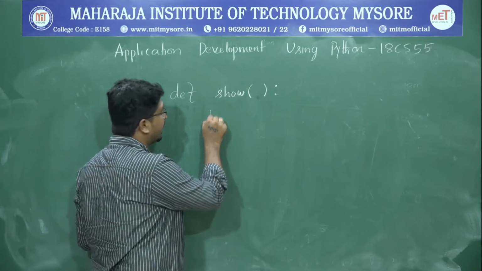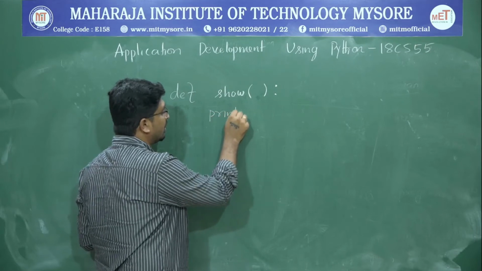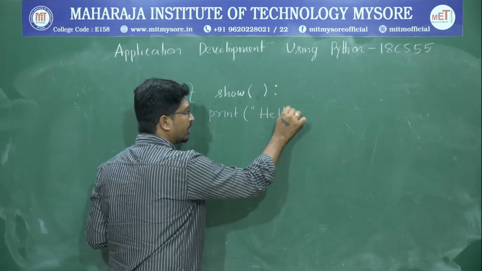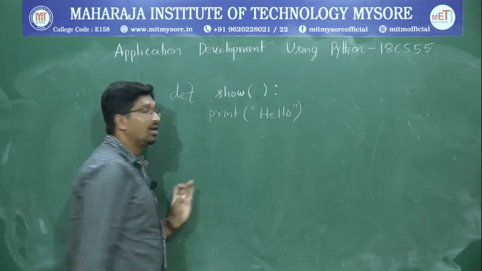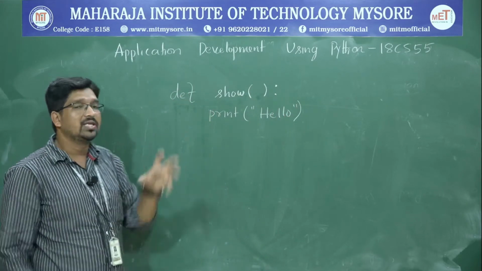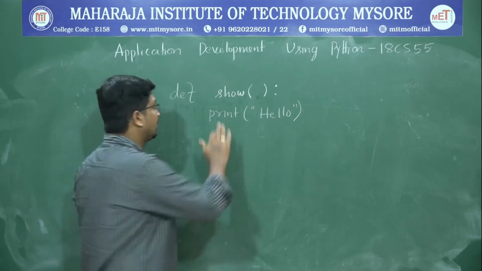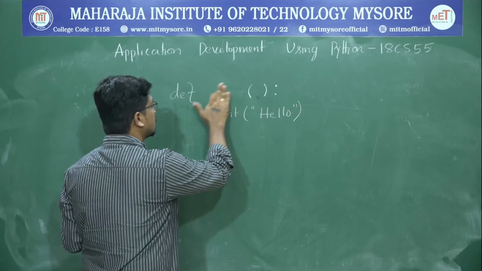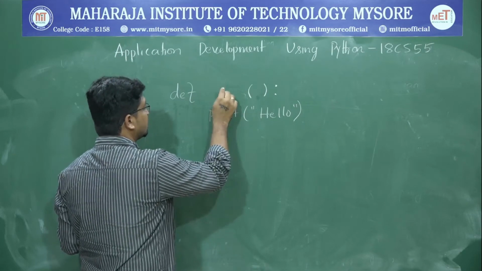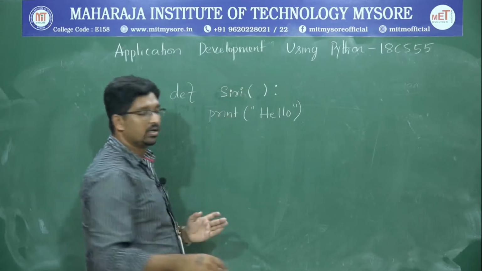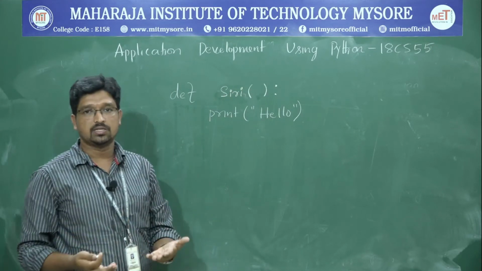Let us say I want to print hello. Whenever I call show function, it should say hello. I will rename this to Siri. You know Siri, right? Siri is a voice assistant, correct?